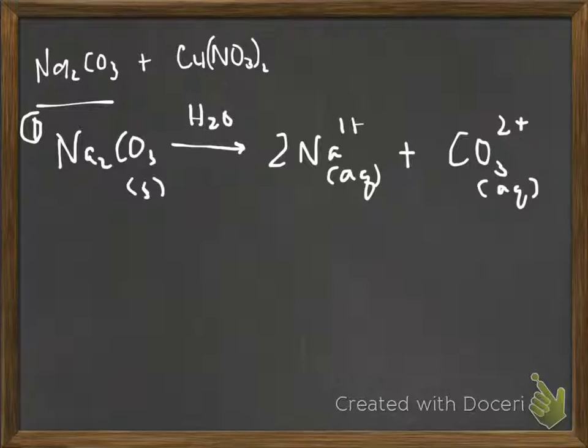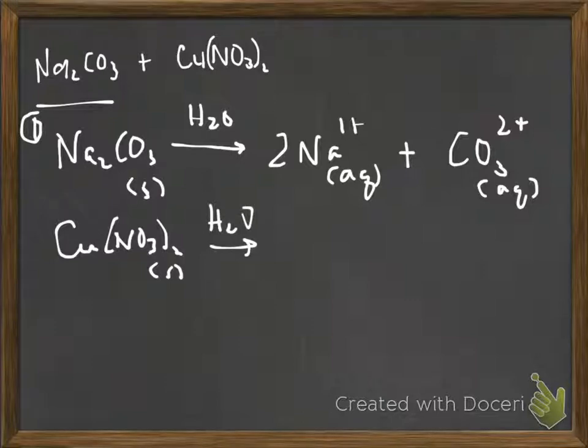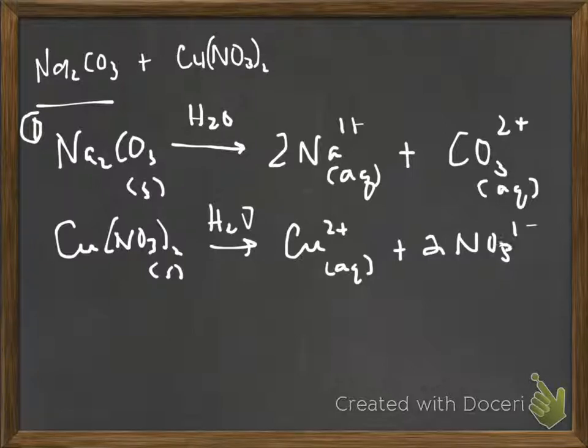And we have to do the same for the copper 2 nitrate. So we have Cu(NO3)2 as a solid, which dissociates into copper 2+, and we have to remember that this is copper 2, so you have to be aware of those charges, in aqueous solution, plus 2 moles of nitrate ions also in aqueous solution.